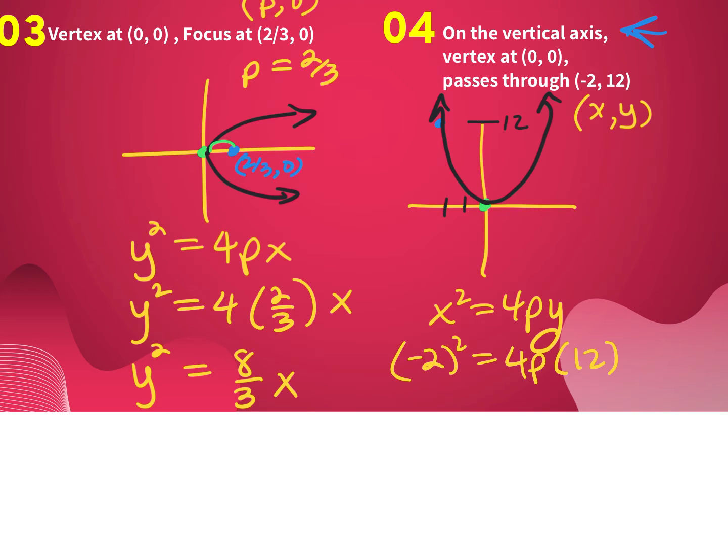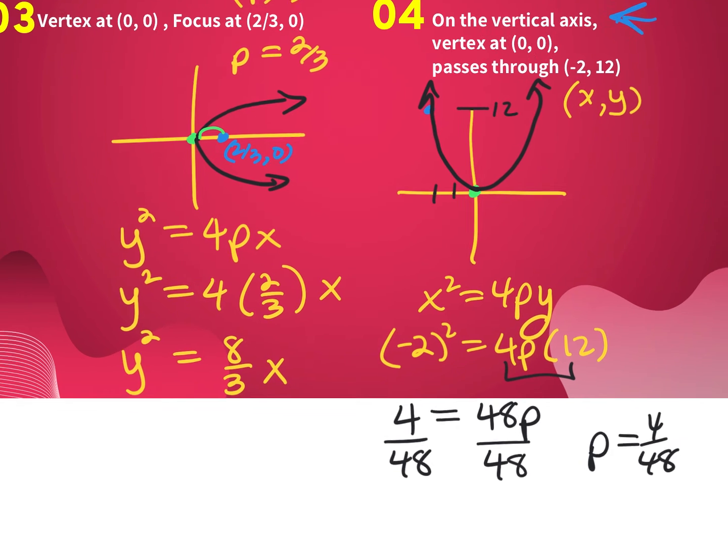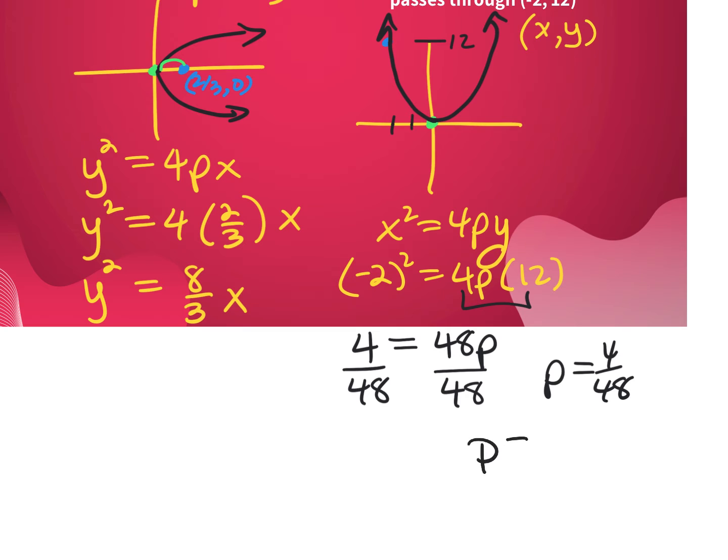I'm going to simplify this down. I end up getting -2 squared is 4. And then 4 times 12 gives me 48p. I need to divide both sides by 48. And my p-value, 4/48, simplifies to 1/12.